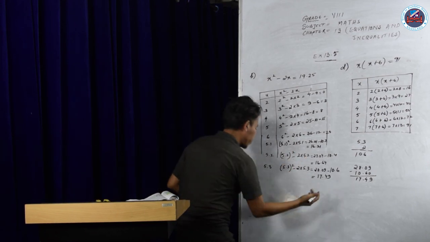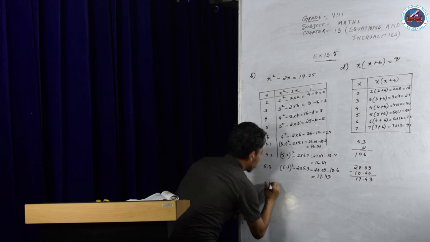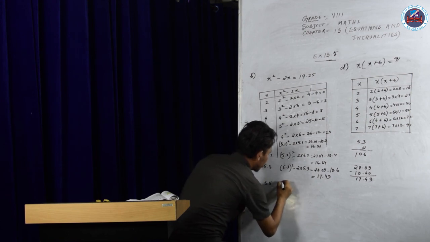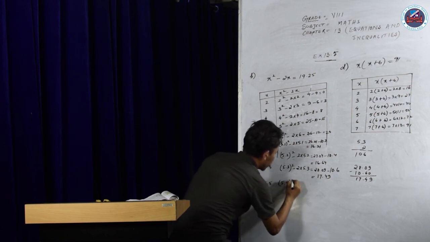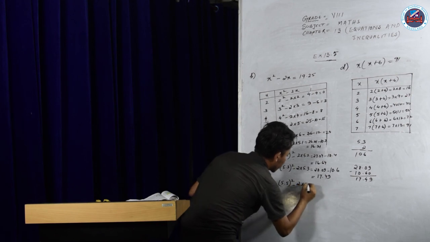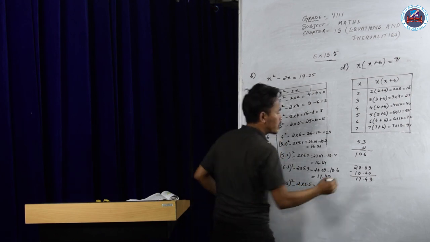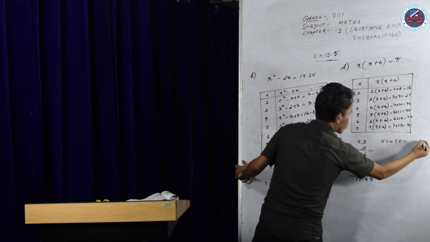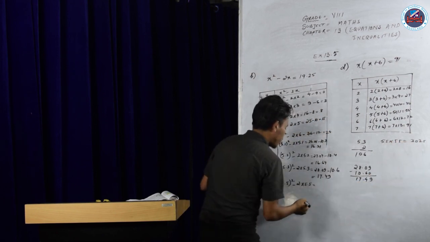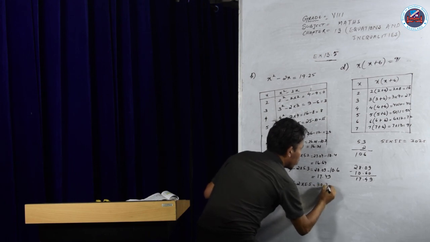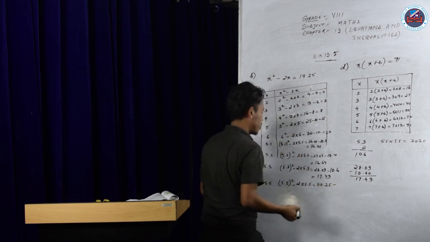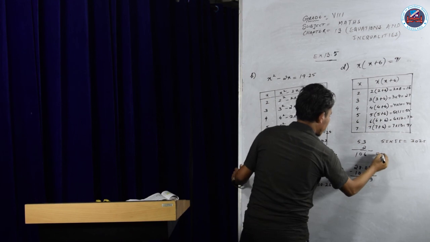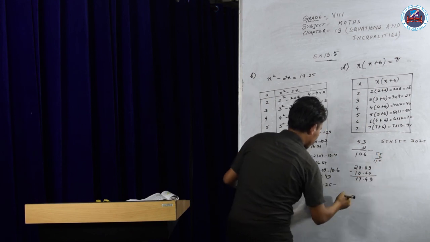Let's leave 5.4 and go to 5.5. Let's see. So I get 5.5 squared minus 2 into 5.5. 55 into 55 gives us 3025, that is 30.25, minus 11.